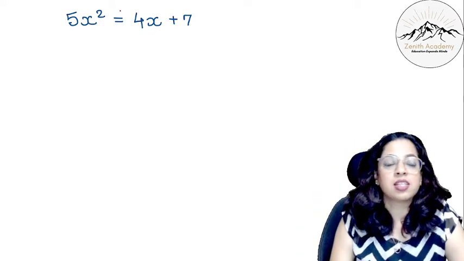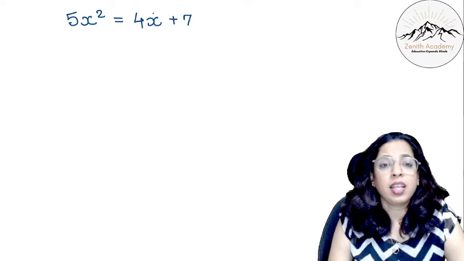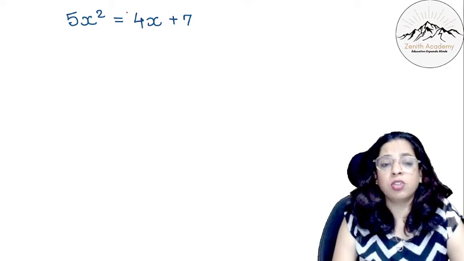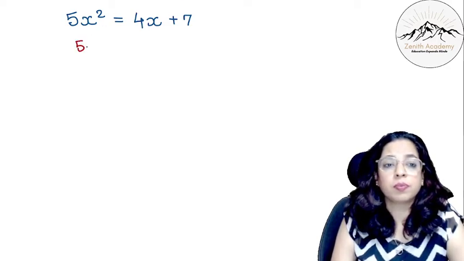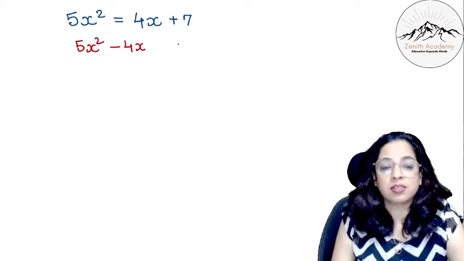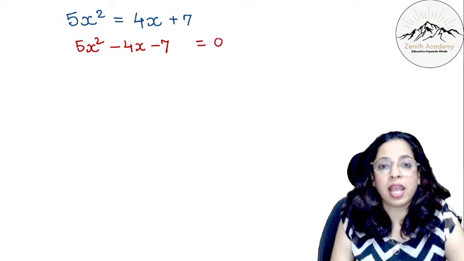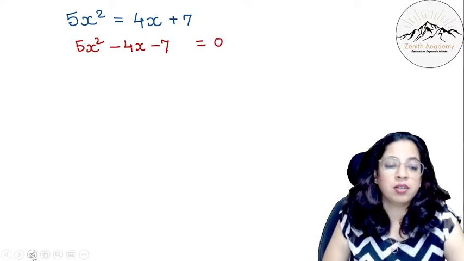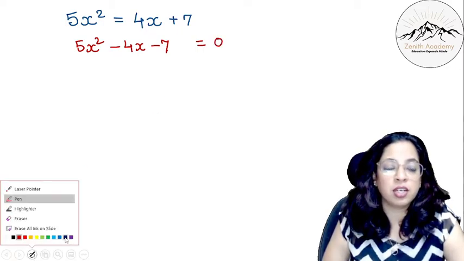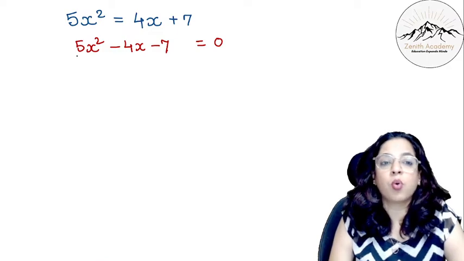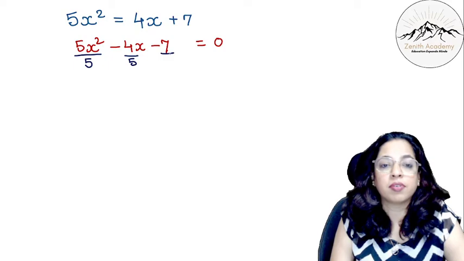So see this. 7 can be on the other side already, no issues. But we will take it here only to make the calculations easier. Okay, so we have converted into the standard form. Now we have to make the coefficient as 1. So divide everything with 5.